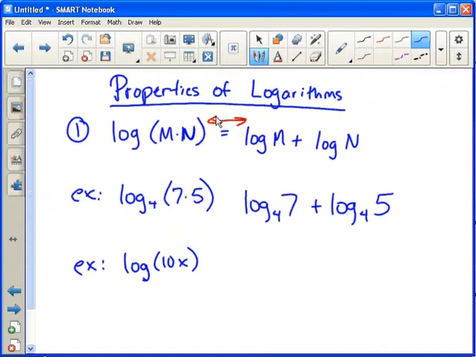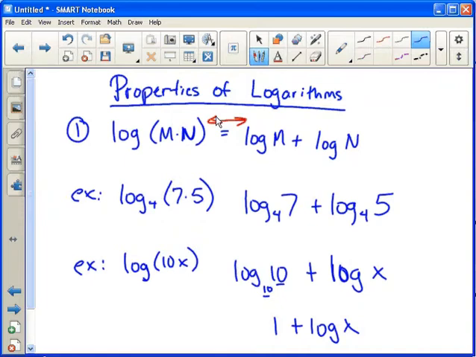So in the second example, log of 10x, this is the common log, we would have log of 10 plus log of x. Now just one thing I can add here, if you remember the common log, the one where we don't bother writing the base, is an understood base of 10. And if these two numbers match, that's just going to cancel out. So you could actually just write this one as 1 plus log of x.